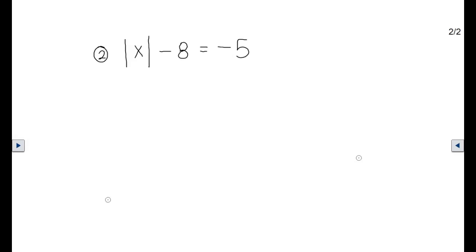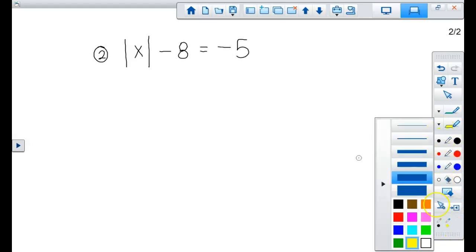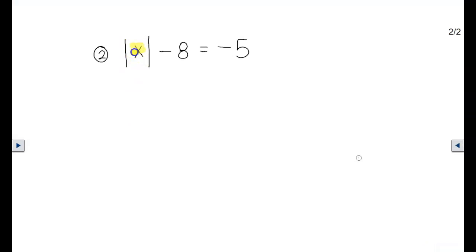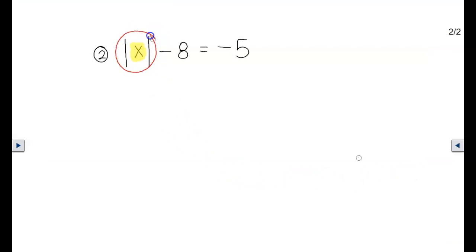All right, so on this problem we have the absolute value of x minus 8 is equal to a negative 5. So we are taking the absolute value of just the x. The x is the only thing inside of those absolute value bars. So this right here is my distance.